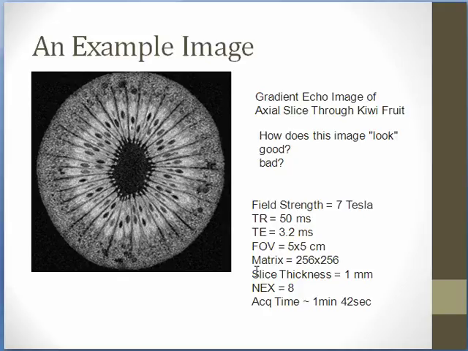So the Z direction, although you can't see it because it's volume averaged into each pixel, is 1 millimeter thick. I guess you could say the matrix is 256 by 256 by 1. And the other parameter is NEX, which is number of averages, which is 8. And the acquisition time was about 2 minutes.